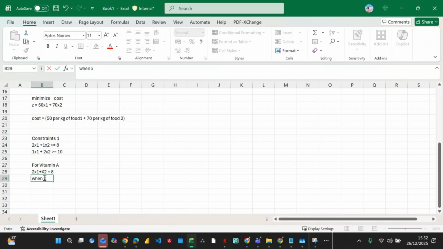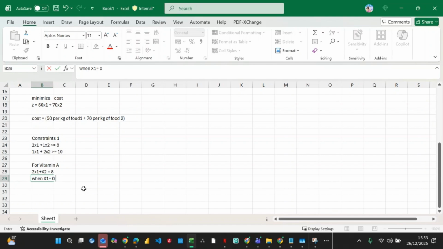So now x1, when x1 is equals to 0, right?